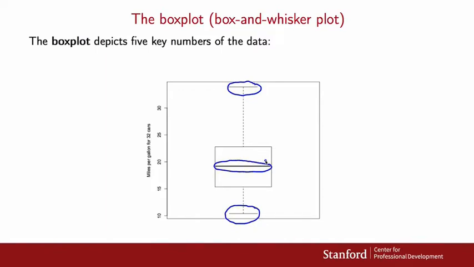So this might be around 19 miles per gallon. And there's the first quartile, which is this number here, around 15 miles per gallon. That's the number where a quarter of the data are smaller and 3/4 are larger. And finally, there's the third quartile, which gives you the point where 3/4 of the data are smaller and 1/4 are larger.